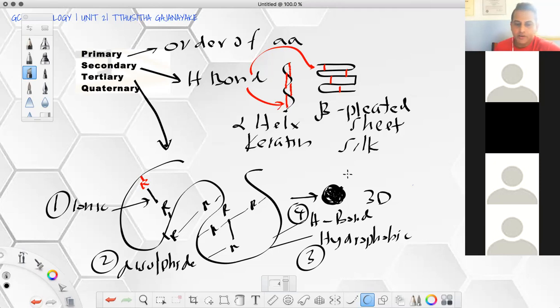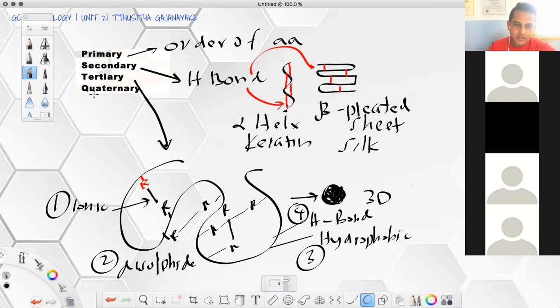You will see later on, at the end of the lesson, if chemicals can break these bonds, they completely change the shape of the protein molecule. If the shape changes, its function is lost, so it's not properly functioning.